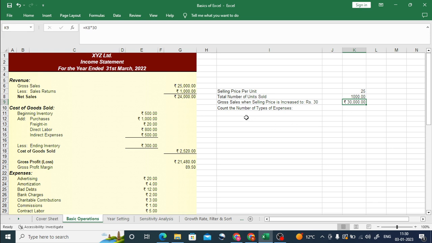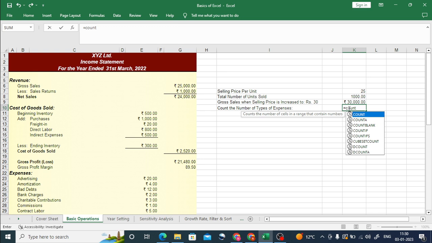Next what we have to calculate is count the number of types of expenses. How many types of expenses we had. Now one of the ways is to do it manually, that is by counting that advertising being the first one, amortization being the second one, bad debt being the third one. Rather than that, it is more advisable to use the count function.